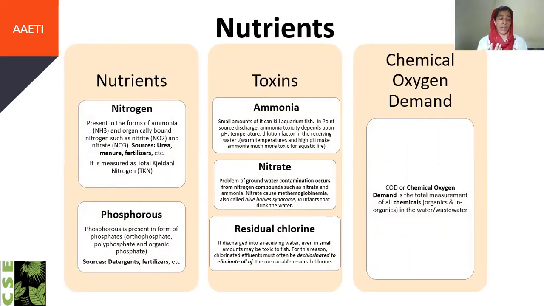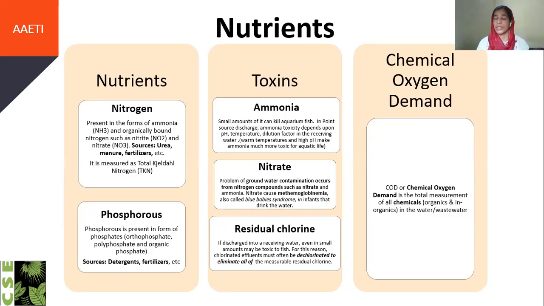They are used as soil conditioner for agricultural purposes. However, if it's not treated properly and is discharged into the water body, they are a source of eutrophication. Algal bloom happens due to the increased amount of phosphorus in the water body.